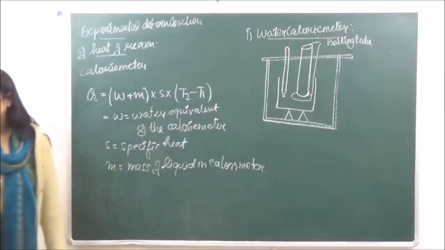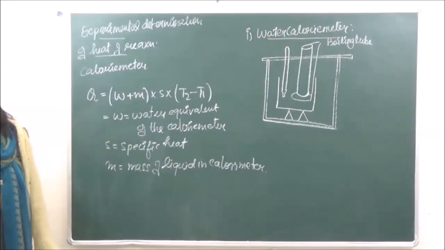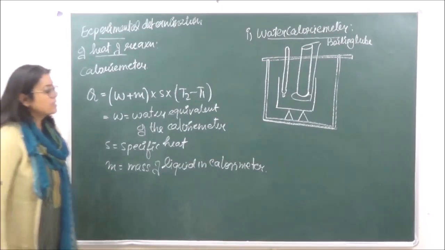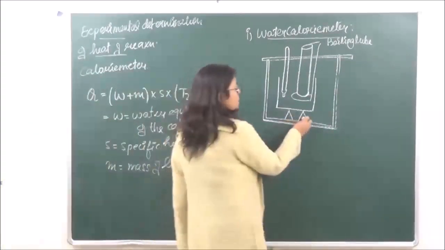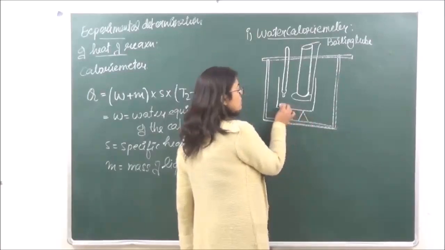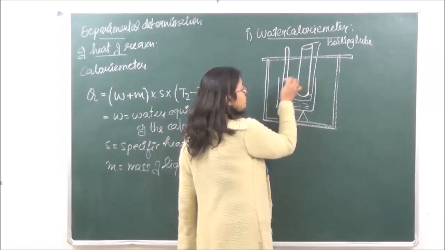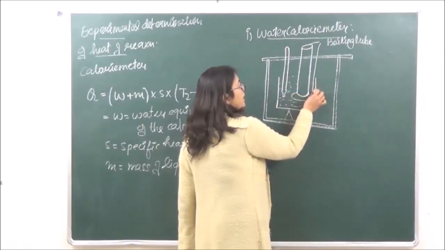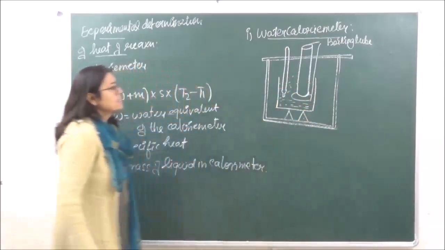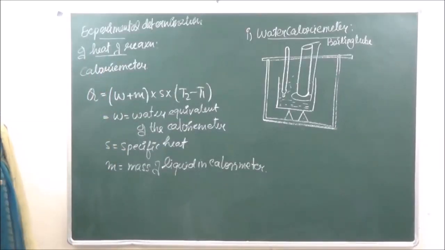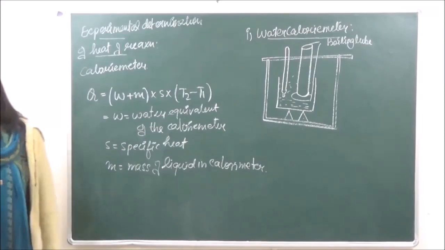We have an insulated stirrer, and below are, as I just told you, the ridges, which may be made of thermocol, or they may also be made of cork. So we fill this beaker with water. Okay, now what is going to happen in this? How are we going to calculate the heat in this? In the calorimeter we have put the thermometer and the stirrer.